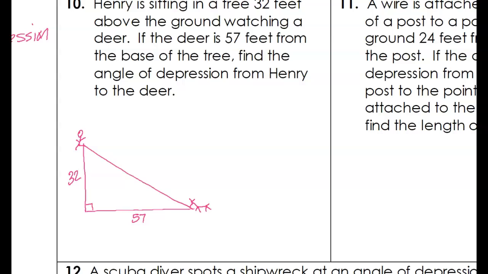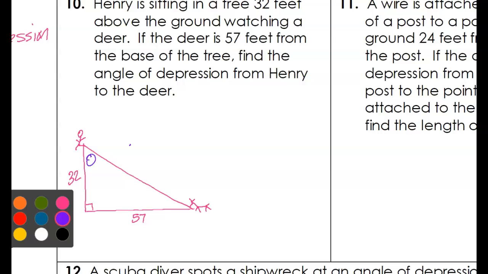You might get tempted here to put the angle you're trying to solve for here because it says angle of depression from Henry to the deer. So you think, it's going down, but that theta I just drew is the angle going down from the hypotenuse. It's not from a line that is parallel to the horizontal.